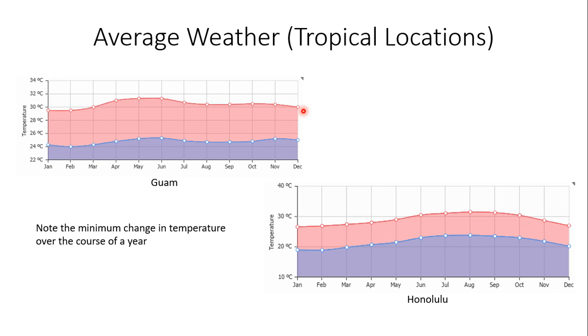So the average annual high temperature ranges from 29 to 31 Celsius. That's it. But the humidity is very muggy and the temperatures remain consistently warm. Just to give you a reference, 30 degrees Celsius is 86 degrees Fahrenheit. Now the morning temperatures only range from about 24 degrees Celsius to about 25 degrees Celsius.